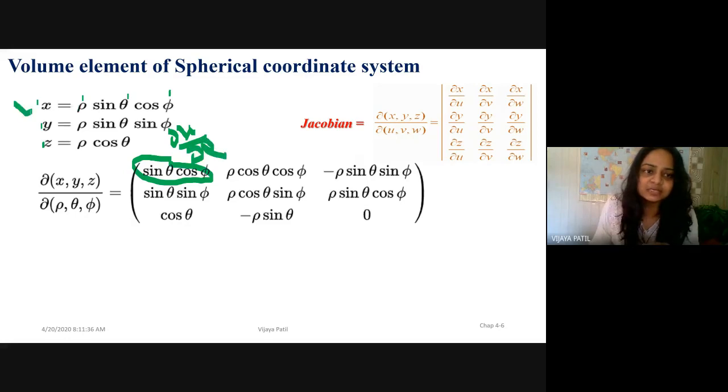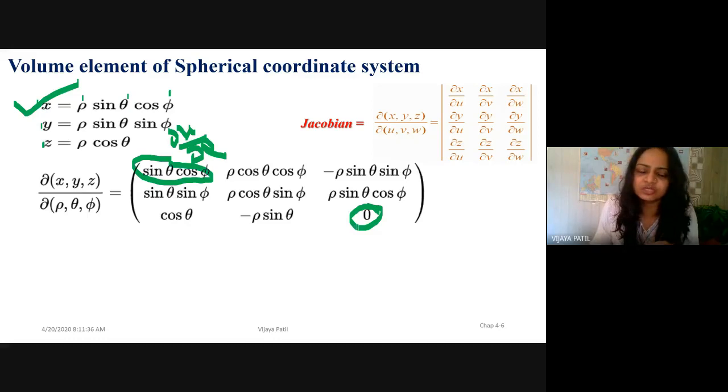I'm differentiating this x with respect to rho. Why is this partial? Because the variable x depends on rho, theta, phi. Y also depends upon rho, theta, and phi, and this z depends only on rho and theta. Therefore, if you observe the third column, this is nothing but dou z upon dou phi, and phi is absent here. Therefore, the differentiation gives 0.